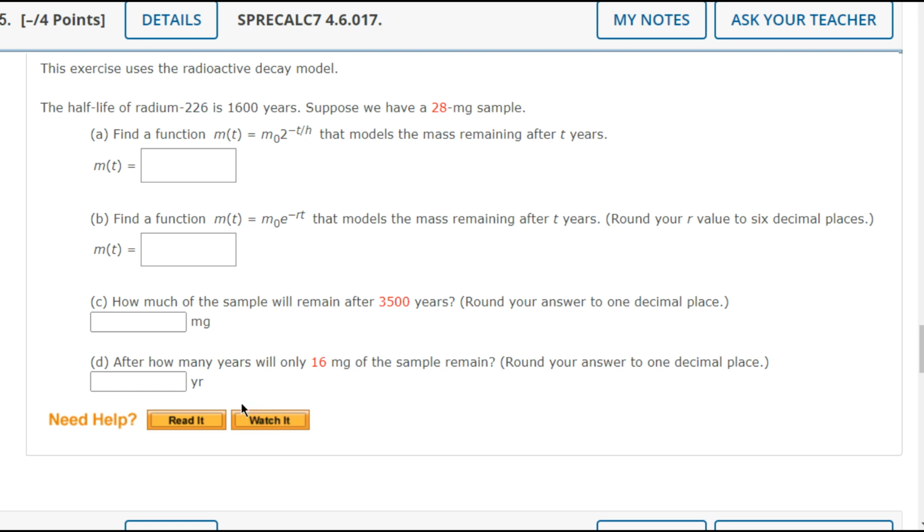The half-life of radium is 1,600 years. Suppose we have a 28 milligram sample. Find a function that models the mass remaining after t many years.